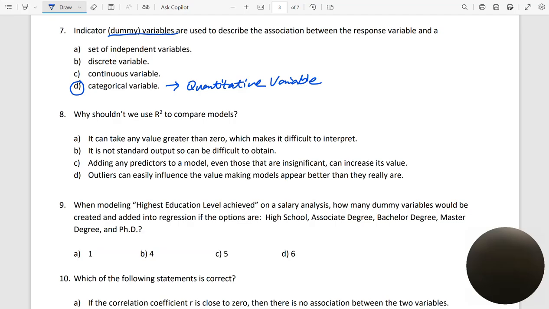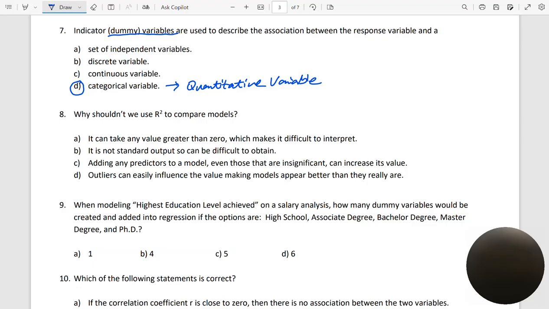Okay, so number 8. Why shouldn't we use R-squared to compare models? All right, okay, so here in this case, it can take any value greater than 0, which makes it difficult to interpret. It is not standard output, so it can be difficult to obtain.